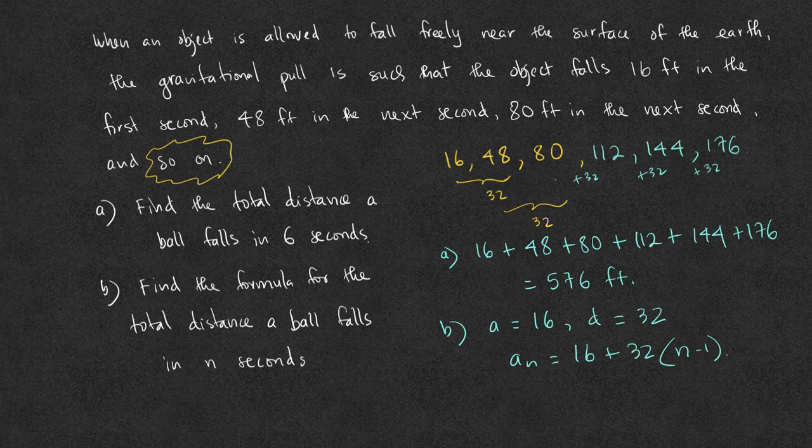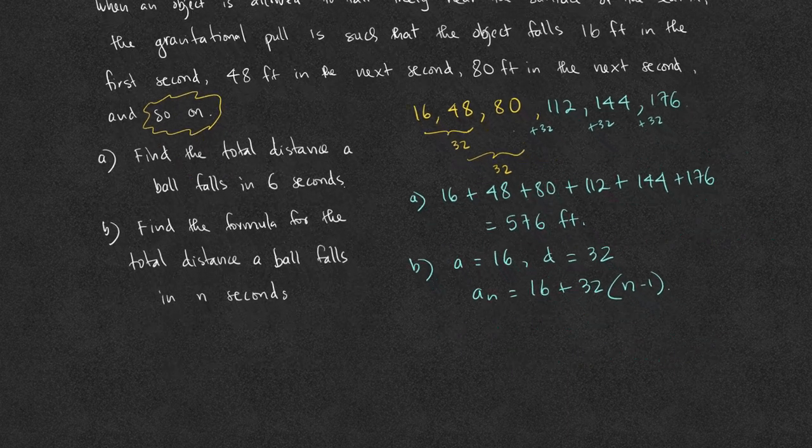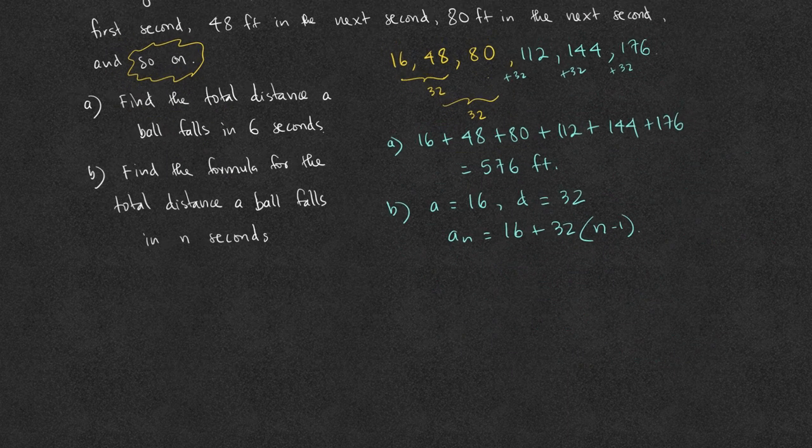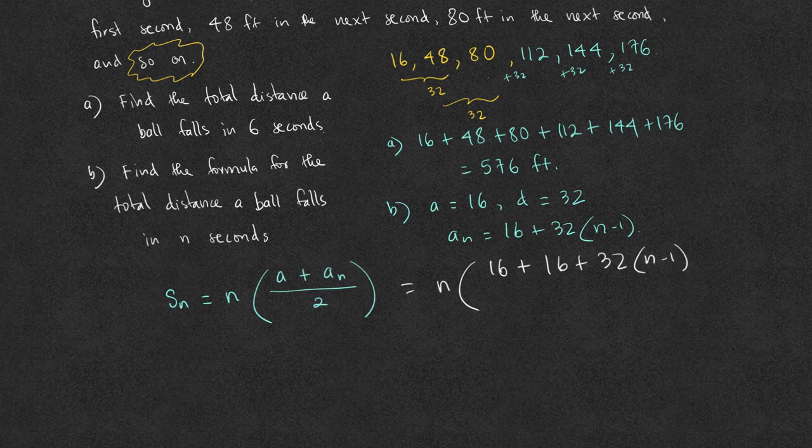Then the distance the ball falls in the first n seconds is simply the partial sum S sub n, and we know that this is n times the first term plus the nth term, divided by 2. This is n times the quantity 16 plus a sub n, which is 16 plus 32 times n minus 1, divided by 2.